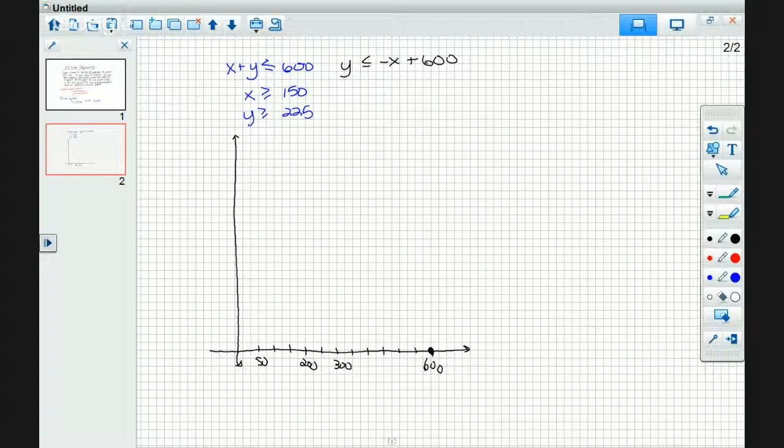And we know that that equation has the x-intercept and the y-intercept is also 600, right? Now I can draw that.